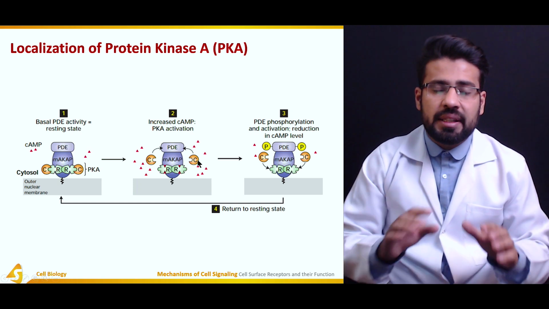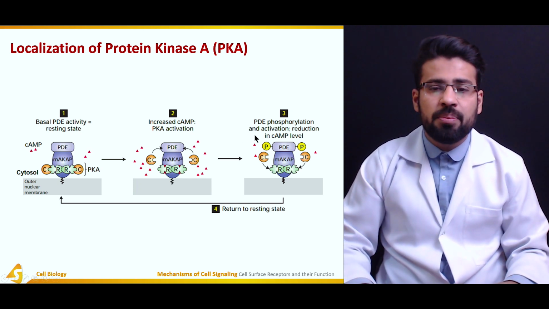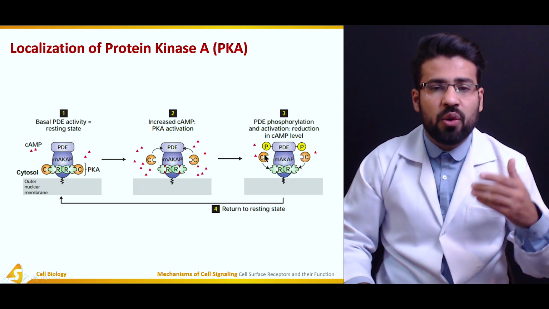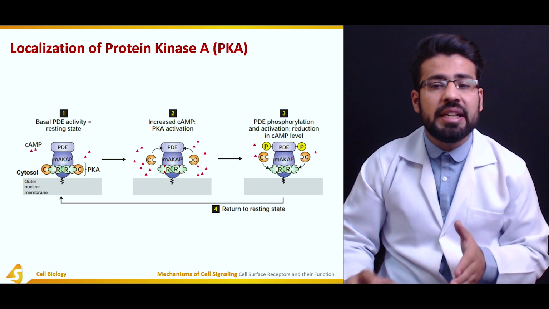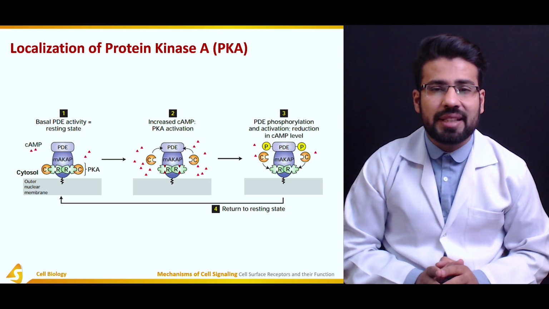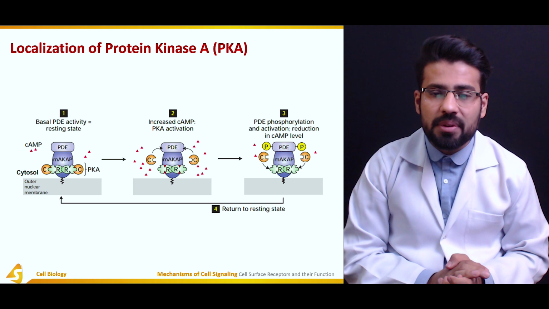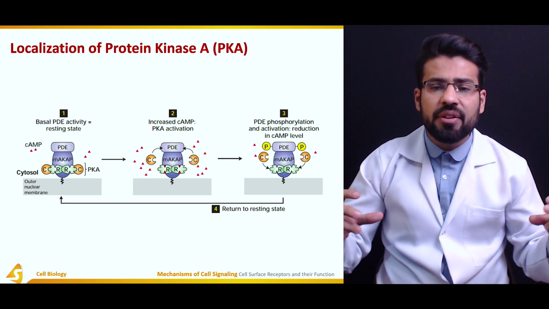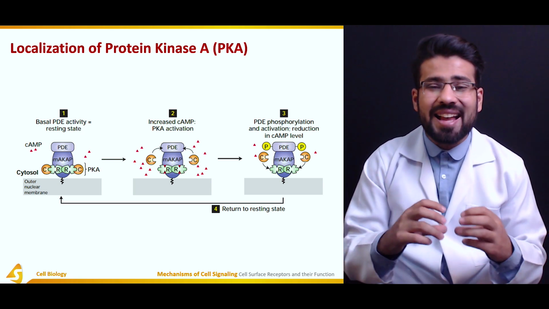So after there is the phosphorylation of the PDE or the phosphodiesterase, this particular phosphorylation and activation would again result in decreased level of the cyclic AMP within the cytosol. So the inhibitory portions are then again masked.